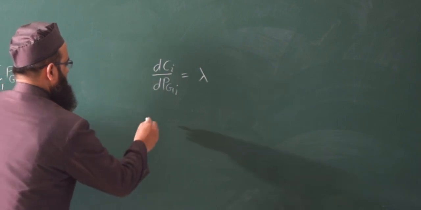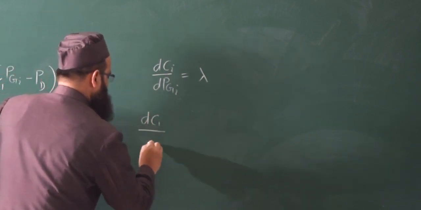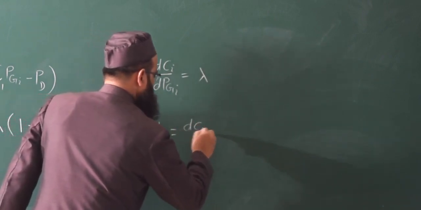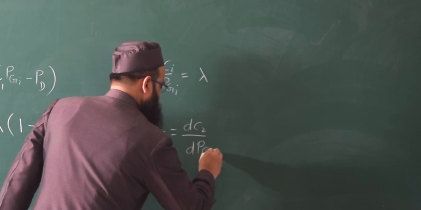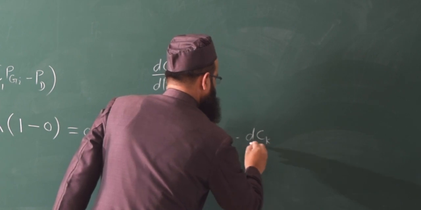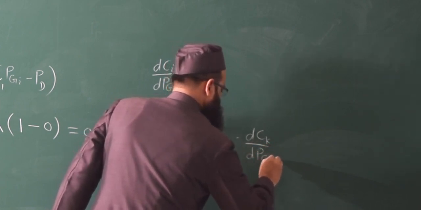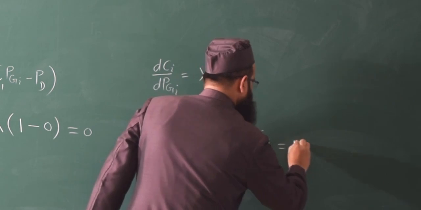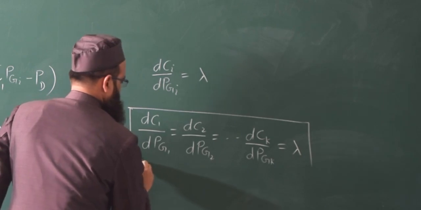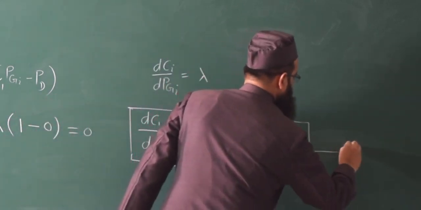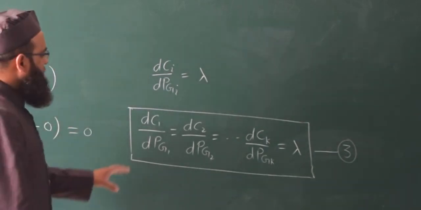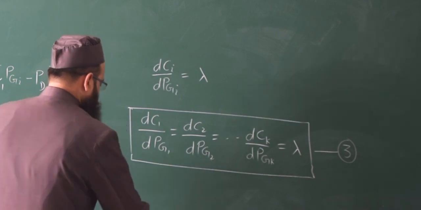So we may write dC1 upon dPg1 equal to dC2 upon dPg2 equal to, and so on, dCk upon dPgk equal to lambda. Very important equation, equation number say 3. This is known as the coordination equations, right, here coordination equations.